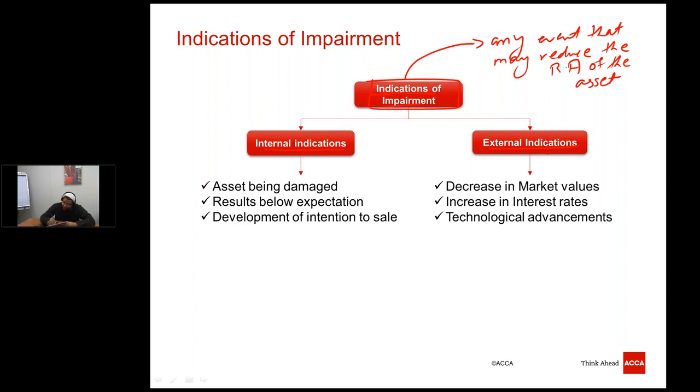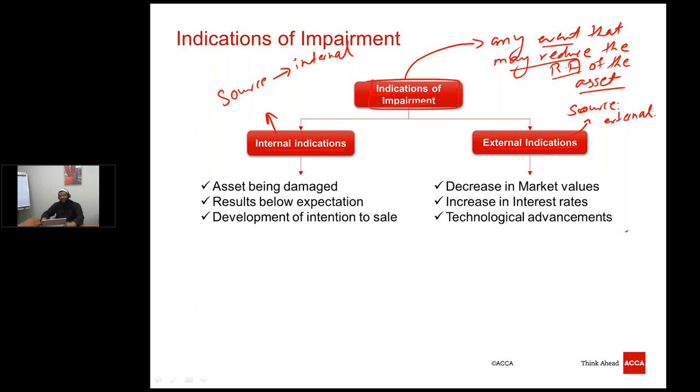So what is an indication of impairment? Any event that may reduce the recoverable amount of the asset is called an indication of impairment. If the source of information is internal, this is an internal indication. And if the source of information is external, this is an external indication of impairment.